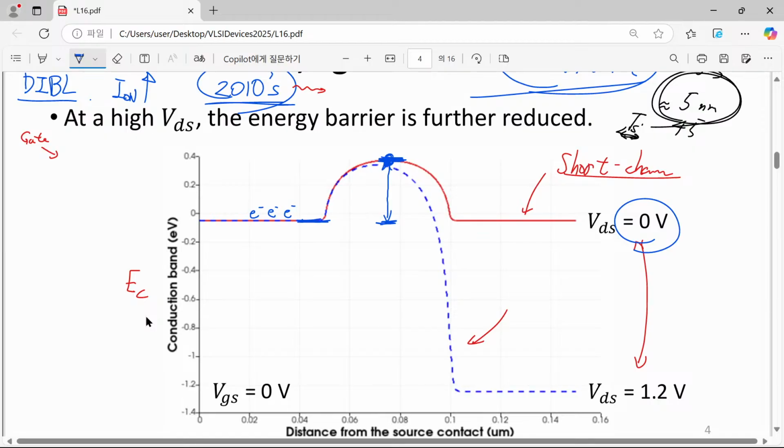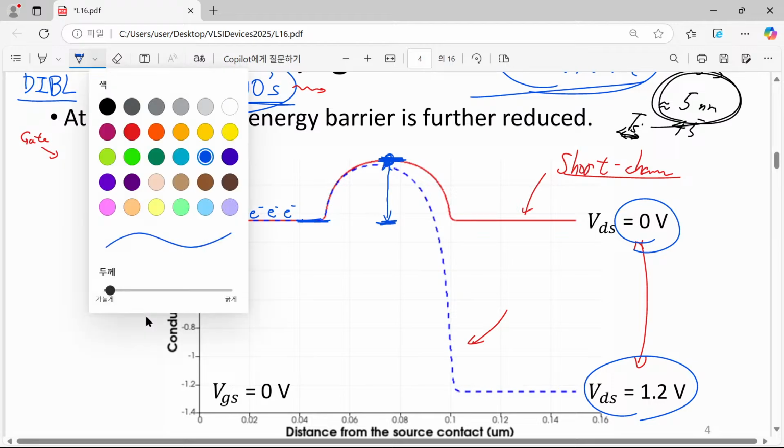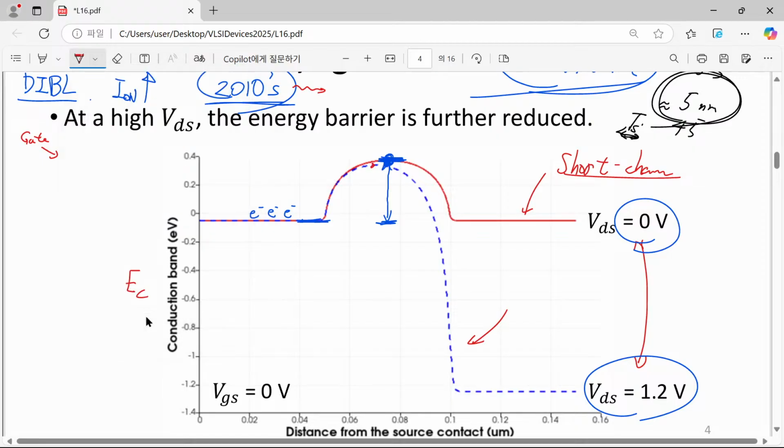But when we have drain voltage equal to VDD 1.2 volt, then you can see that actually the maximum value is not as high as the one at 0 drain voltage.